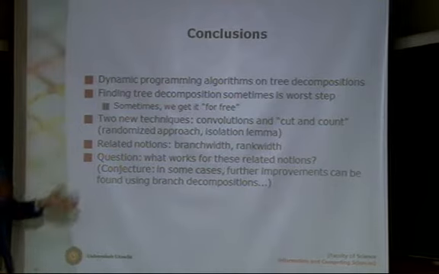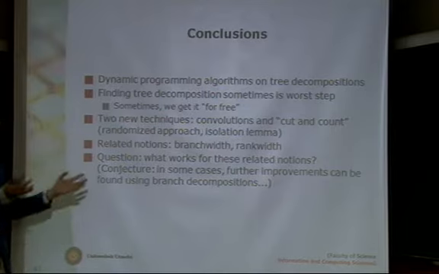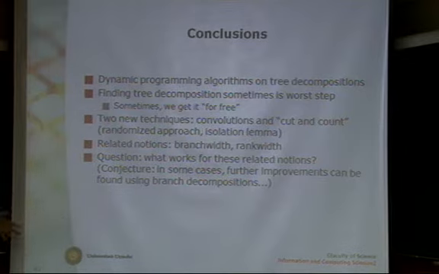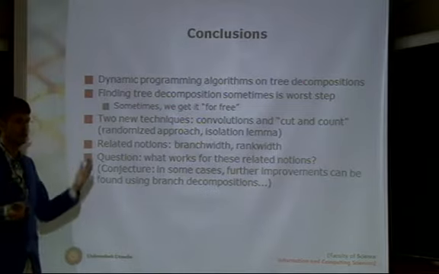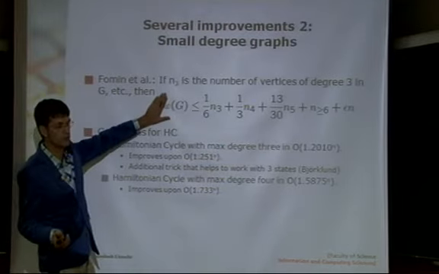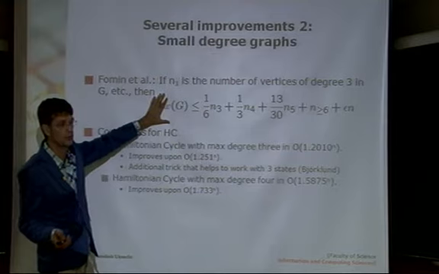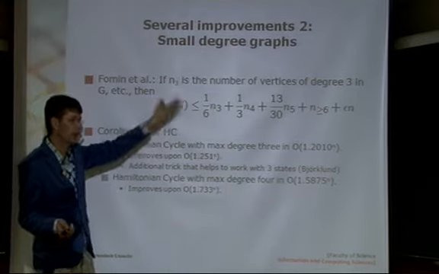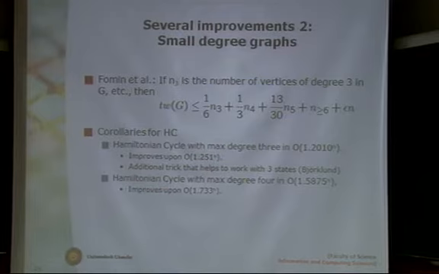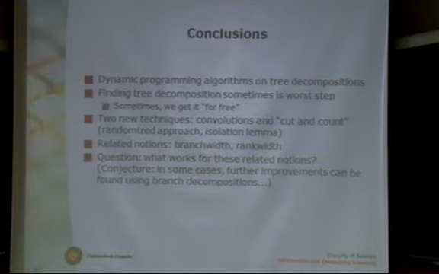If you only know that the graph has tree width at most k, for some small k, then finding the decomposition is often the worst step. It takes much more time than running these algorithms on it. That is really a problem. But in many cases you get it for free, like this result here by Fomin. This is just a constructive proof which gives you the tree decomposition. You can construct it, so you have it. And if you have other cases, you also have these constructive results, and then it works nicely.